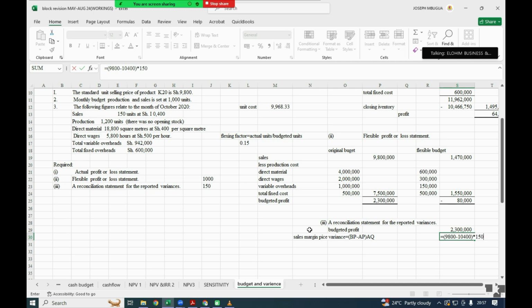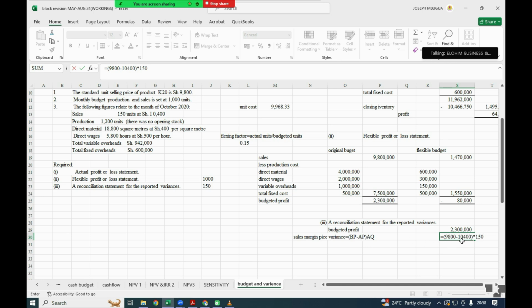So 9.8 minus 10.4, times 150, and you'll find that this one may be misleading, but the key thing is to understand when you're dealing with the sales price. If the actual price is higher, it's supposed to give you the favorable, but if the price is lower, it's supposed to give you the adverse.